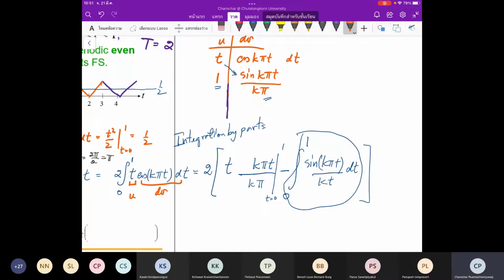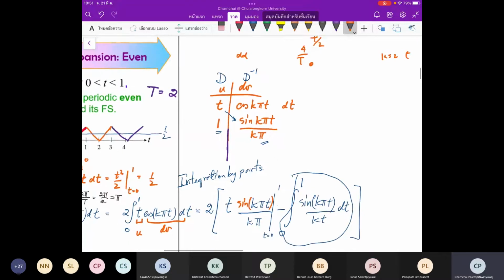So t sine k pi t, and then you take the integral of this sine k pi t again. What is the integral of sine k pi t?